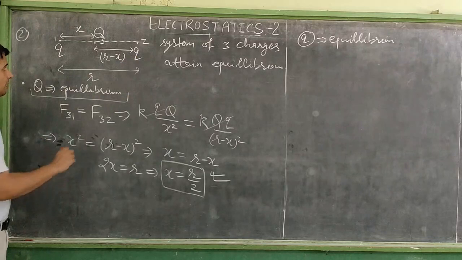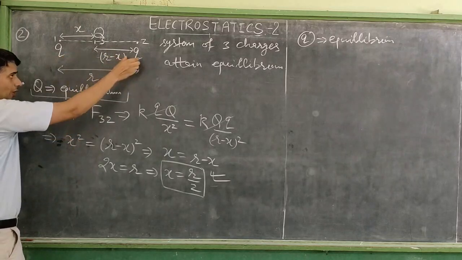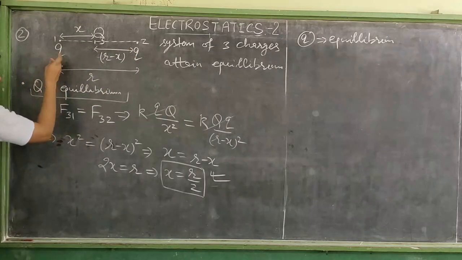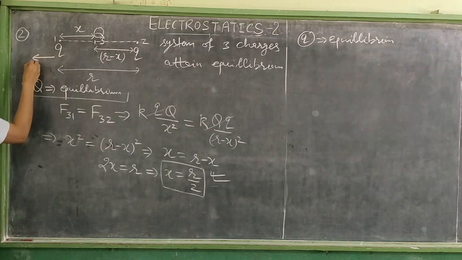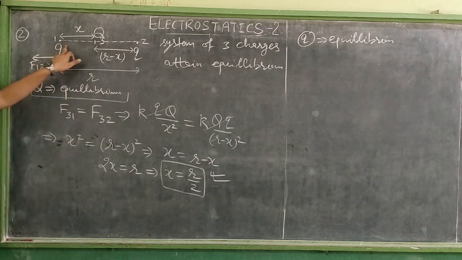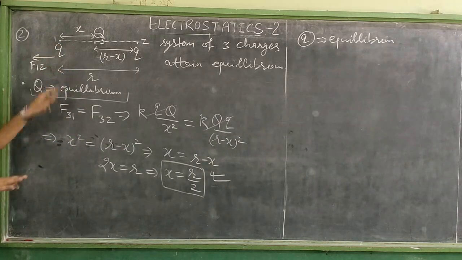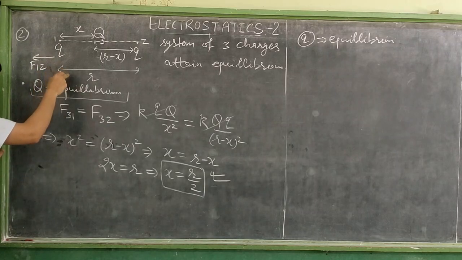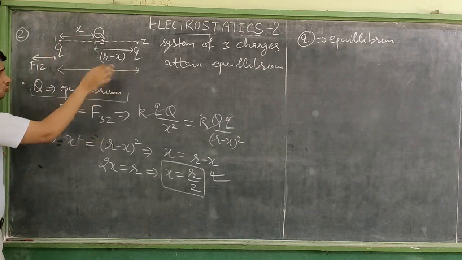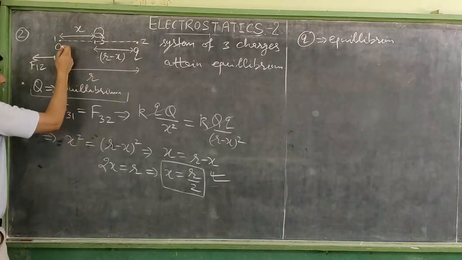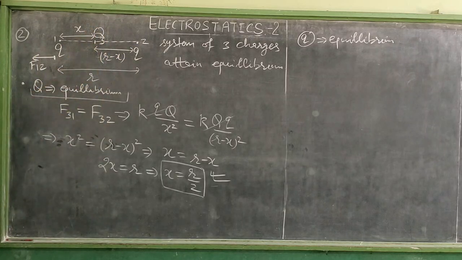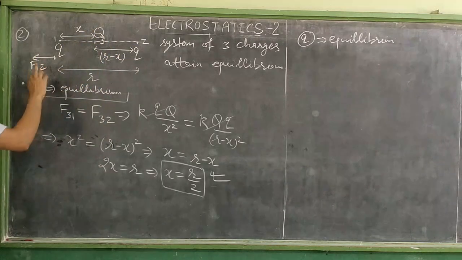So when is it possible? See, these two are already positive. So this will repel this in this direction. That is F12, its direction will be to the left side. Now how can this be balanced? Surely there must be some force which acts opposite to this. So opposite means what? This is repelling this in this direction. Now capital Q will decide the direction if we want to have equilibrium here.